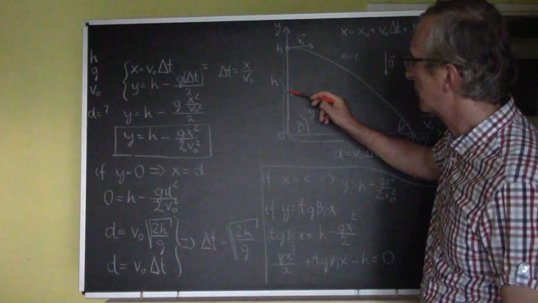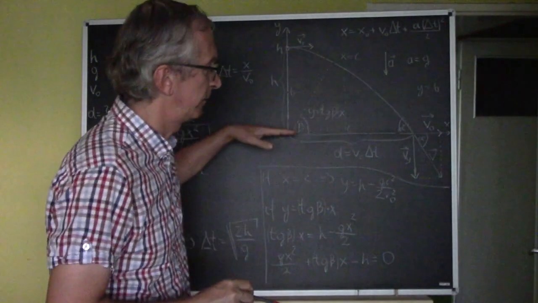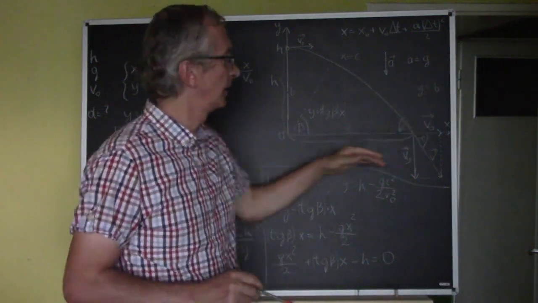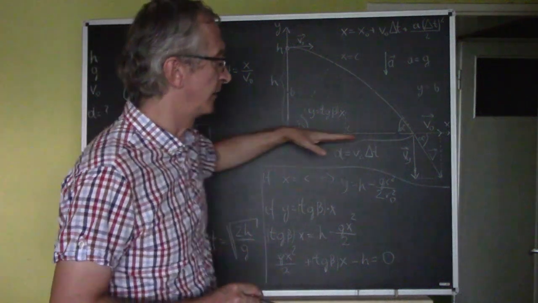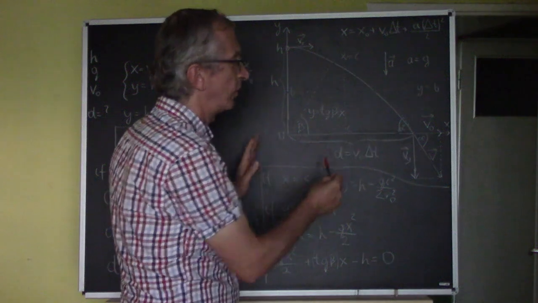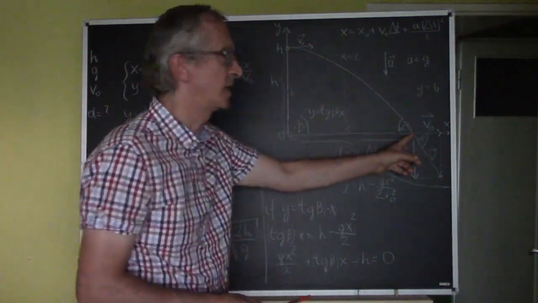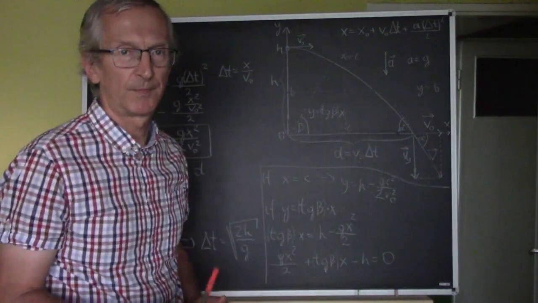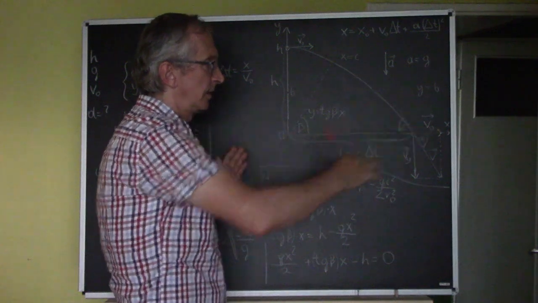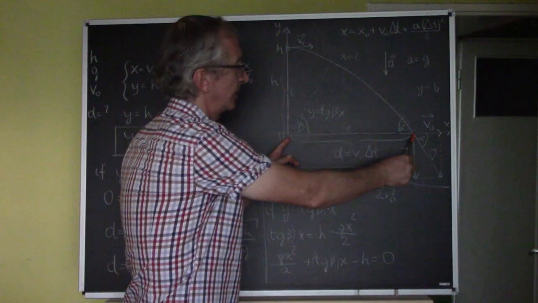If b equals 0, then the equation of the obstacle is y equals 0. It is the equation of the axis x, and coordinate x of this point will be just the range, the distance in the horizontal direction from the point of throwing the body.